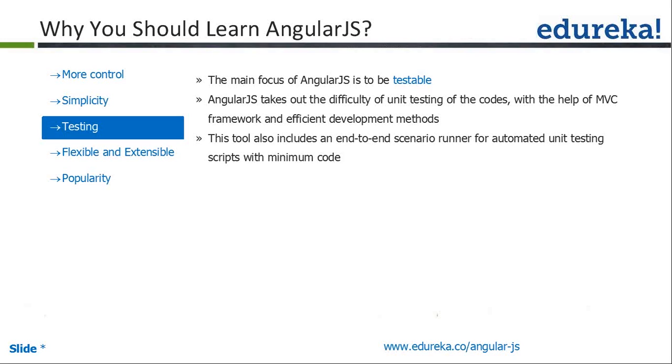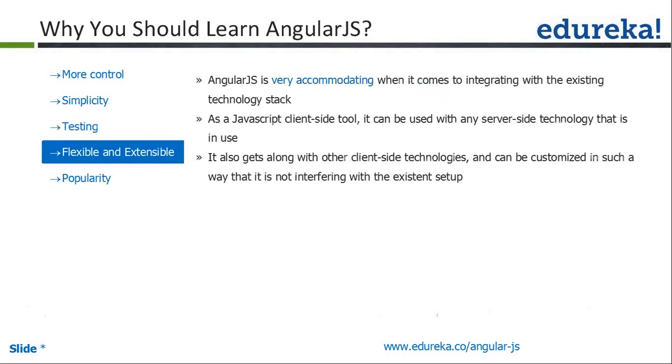Next one, testing. Whenever we build an application, we should be able to write unit test cases as well as testing for the application. If we use AngularJS, we can write the tests using Mocha or the Protractor tool. We can write end-to-end automated test cases.